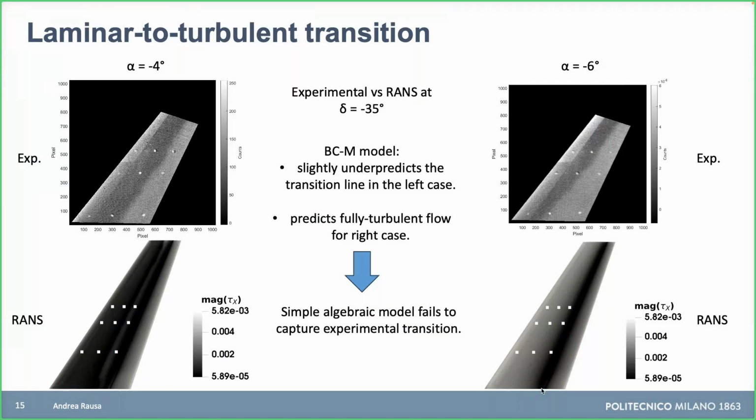And we can see this is the case of angles of attack of -4 and -6 degrees and -35 degrees of control surface deflection. We can see that there is a transition, which is the change in color from black to white, or more white, for experiments, which kind of goes towards the leading edge, which is on the left, decreasing the angle of attack.